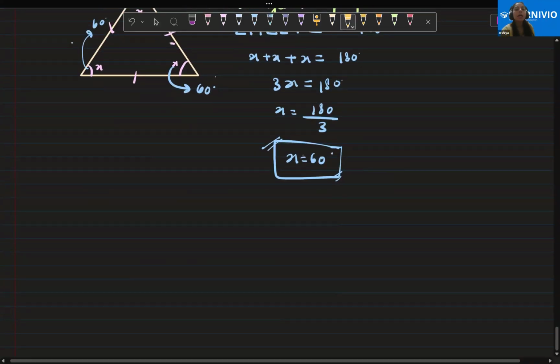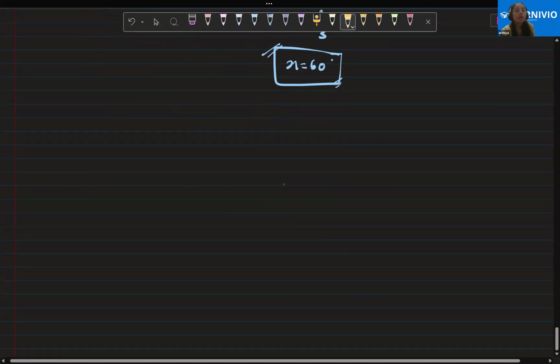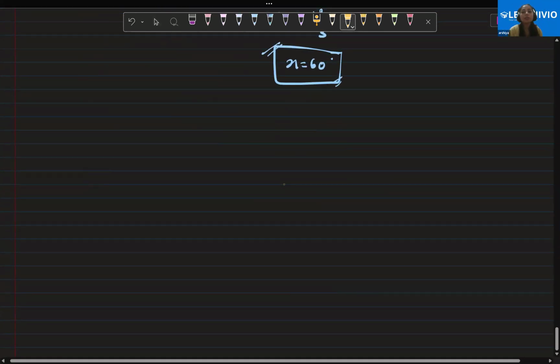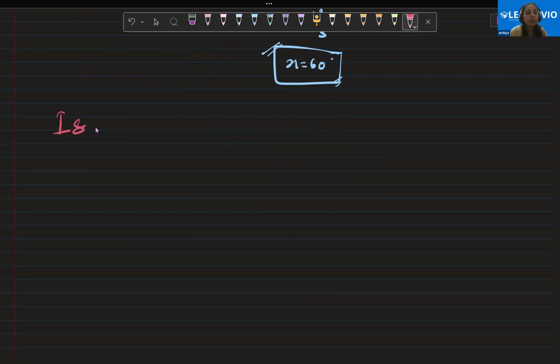Now let's come to the isosceles triangle. An isosceles triangle will have two sides equal and one unequal. So let's say these two sides are equal and this one is unequal.